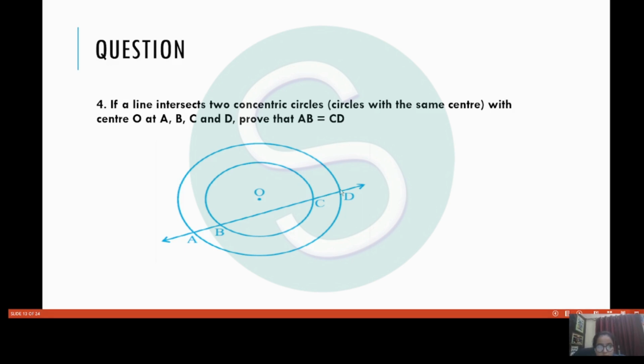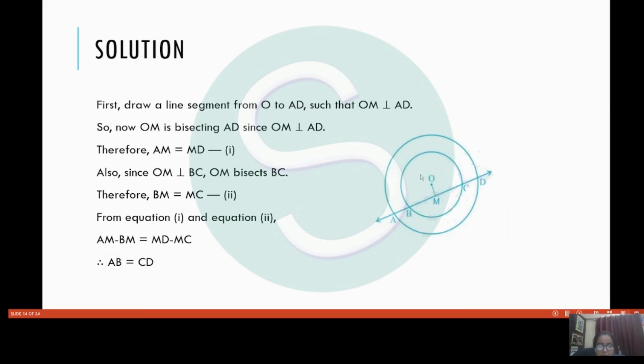So how we will proceed is, firstly, we will draw a perpendicular from the center to this chord. That is, OM is perpendicular to this line. That means OM is bisecting AD, so this means AM equals MD. We will mark this as the first equation.